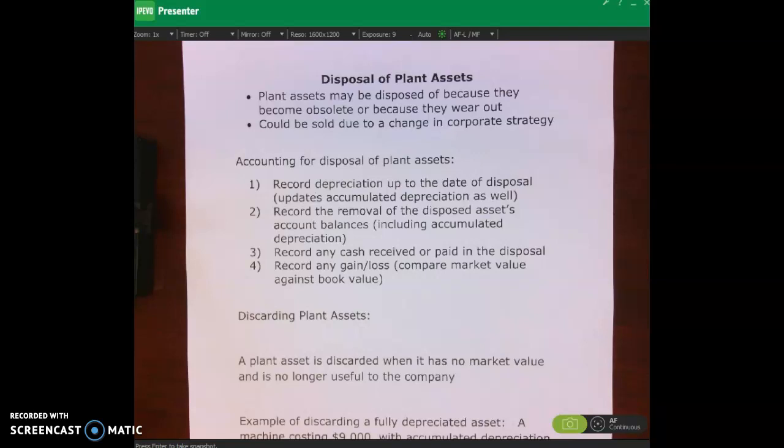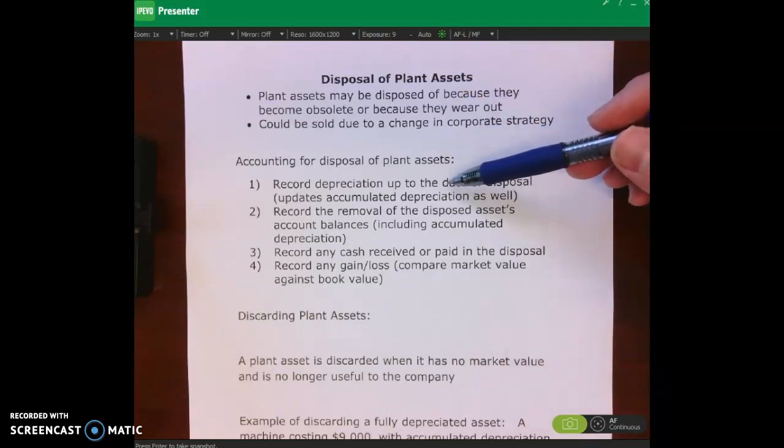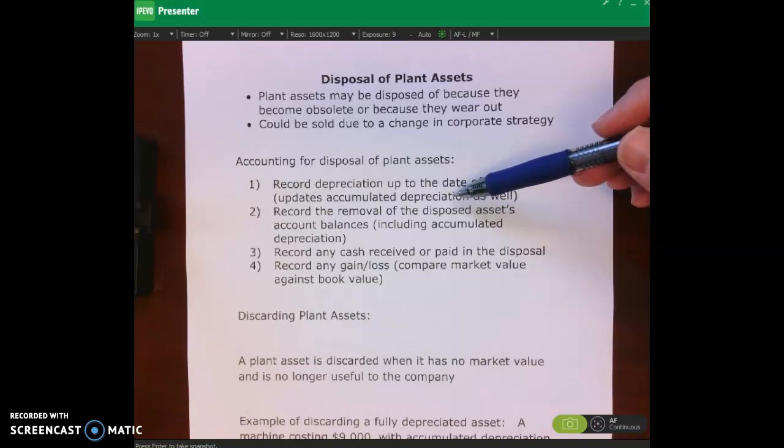So when we talk about the journal entries associated with disposal of plant assets, the first thing that we have to do is record depreciation up to the date of disposal and accumulated depreciation. Remember, the last time we could have recorded depreciation would have been the end of the prior year.